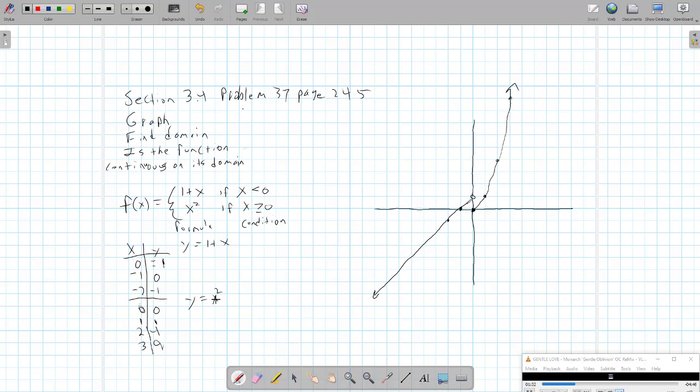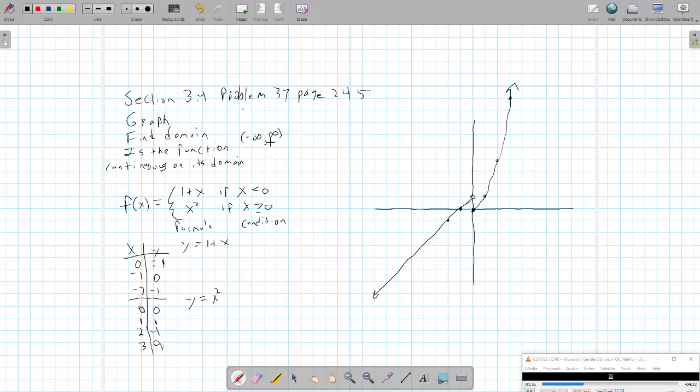This part's a line. That's what piecewise functions do. They flip around, they behave differently. But answering the other questions, domain, well, this has values going infinitely to the left. It actually does have a point at 0 because of this point, and it goes infinitely to the right. So its domain is negative infinity to infinity.